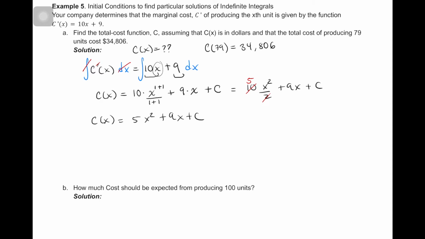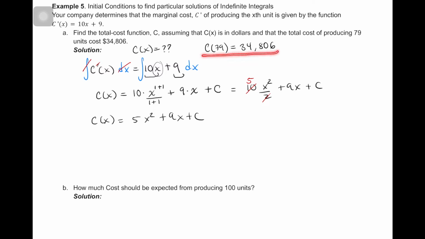All right. So now we have found the total cost function partially, right? Because we still have that c. So at this point, to find that c, we can use the other information they give us.